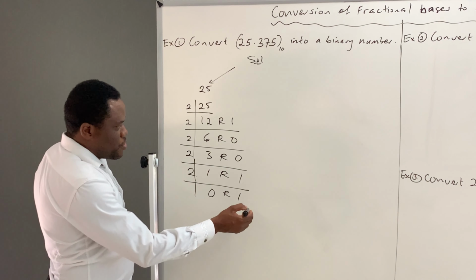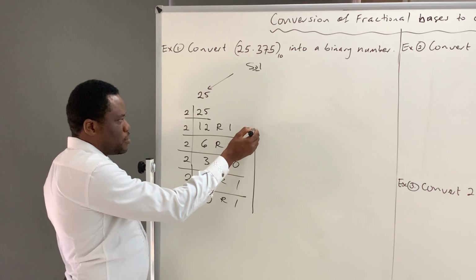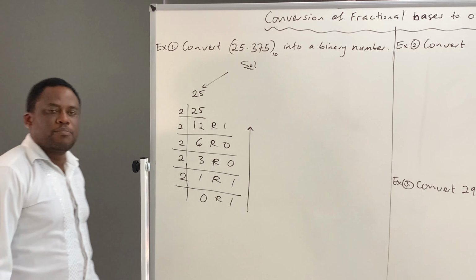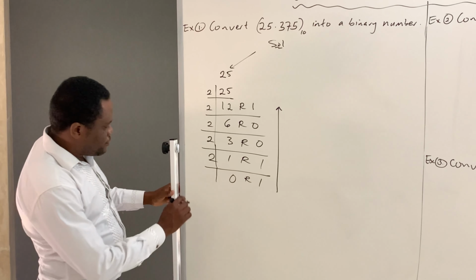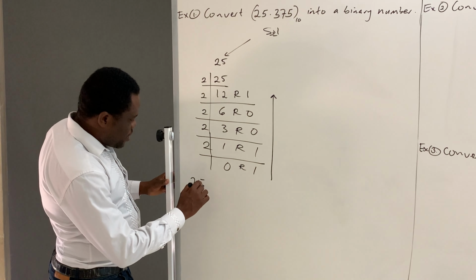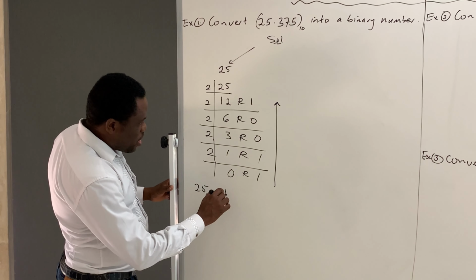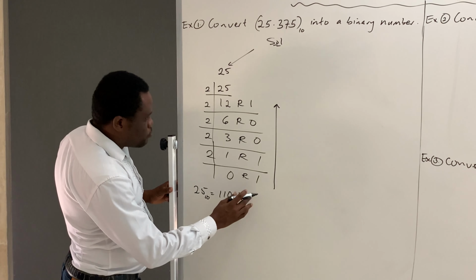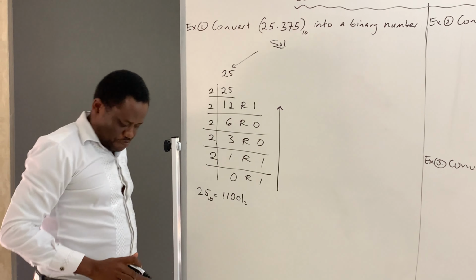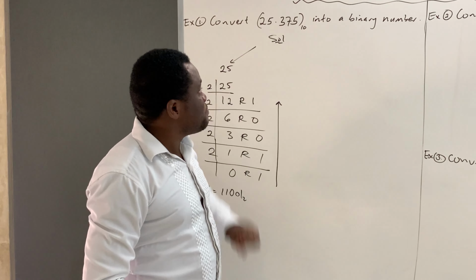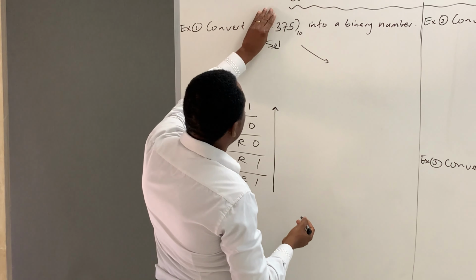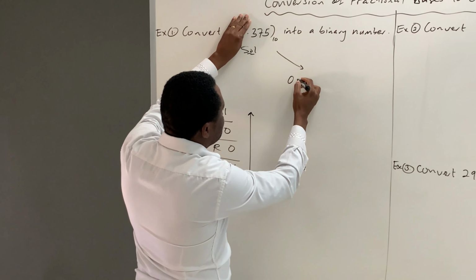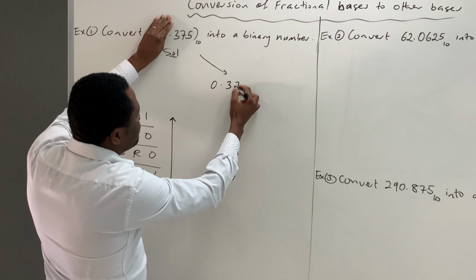So we read down, up. For 25, we have 11001 for this part. Now, for the decimal part, don't forget this one is finished. So we can say it's 0.375.